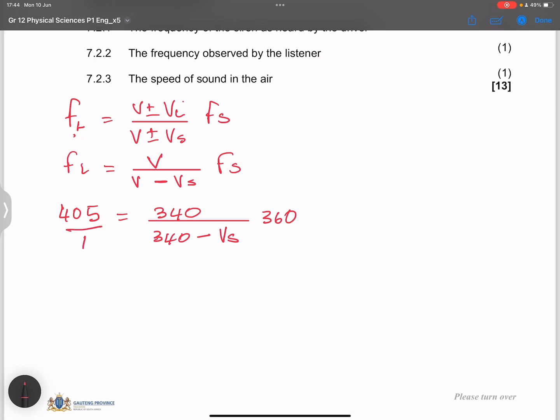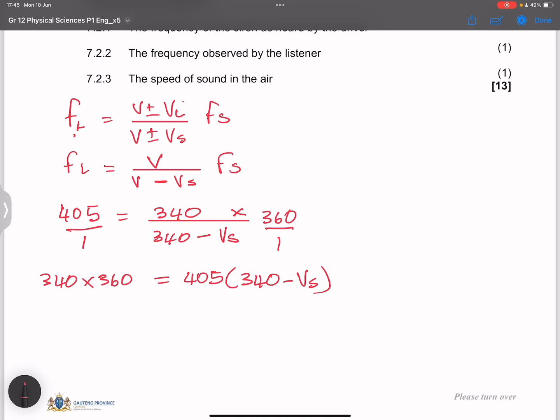What we can do is cross multiply the numerators. So we've got 340 times 360, which is equal to 405 into 340 minus vS.